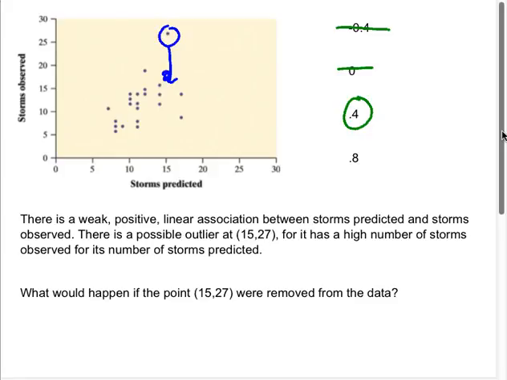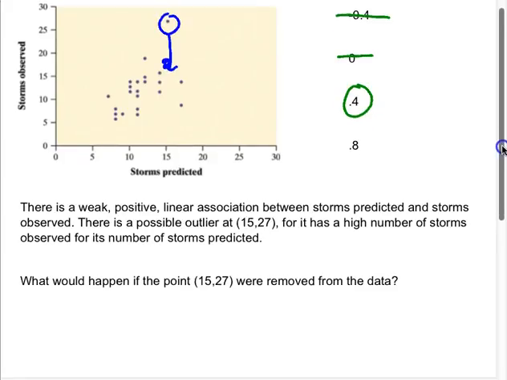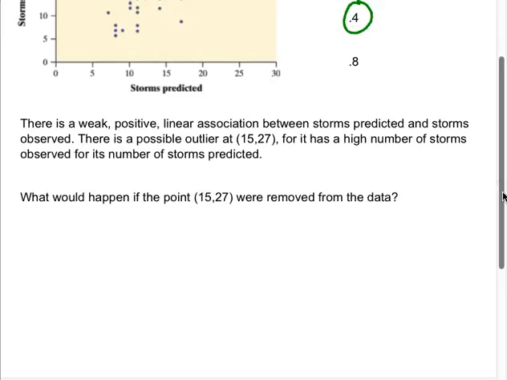So let's think about, well, what if that point were removed? What if the outlier were gone? Well, remember we had the conversation. Outliers drastically decrease your R value, okay? Brings it closer to 0. So here, if we removed that outlier, R would increase.